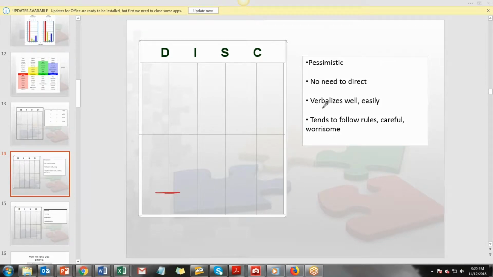Now, if I say this person verbalizes well and easily, where would they fall in this graph? I'm gonna say a high I. Right. They would be somewhere up here. Very good. And this person tends to follow rules, careful and worrisome. High C. All right. So you see how that worked out.